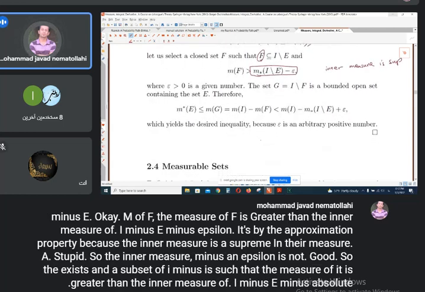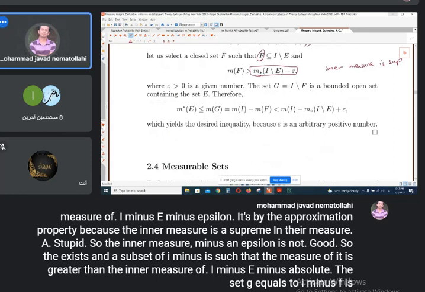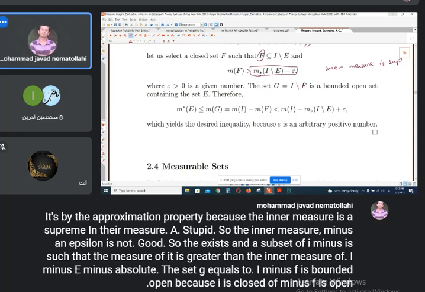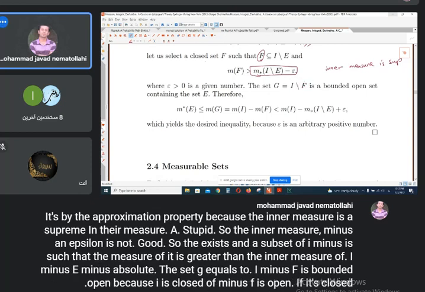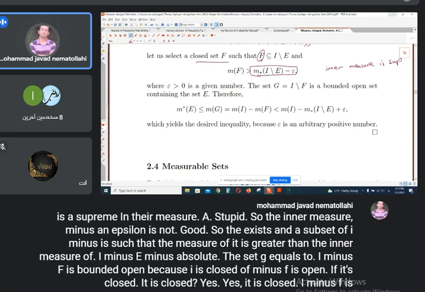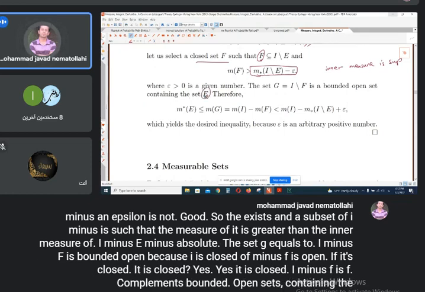The set G equals I minus F is bounded open, because I is closed and F is closed, so I minus F is F complement. It's a bounded open set containing the set E.